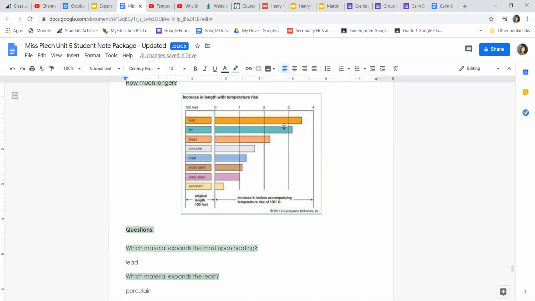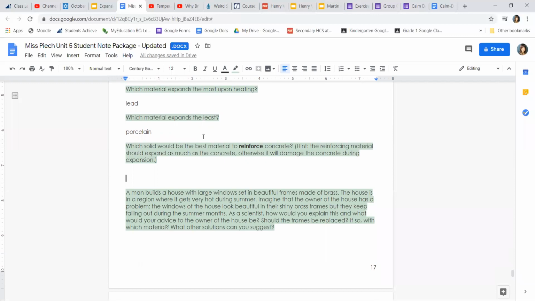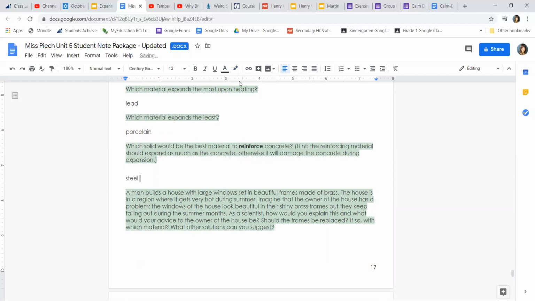I know brass is also fairly close, but between concrete and brass you still see quite a difference in the amount that it'll expand. Whereas if you look at the steel, that is a much smaller change. So for this question, it actually would be steel. Steel would end up being the best item to use to reinforce concrete.